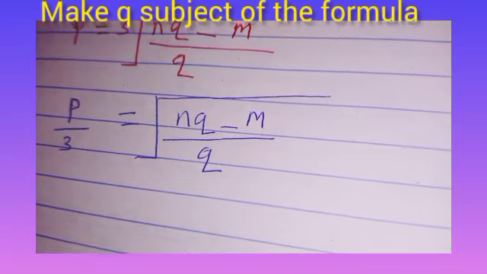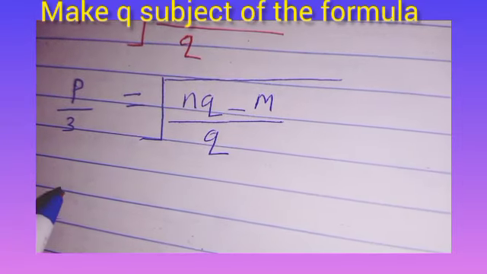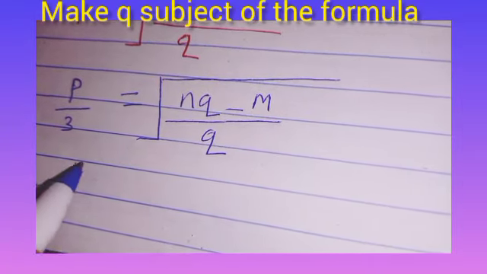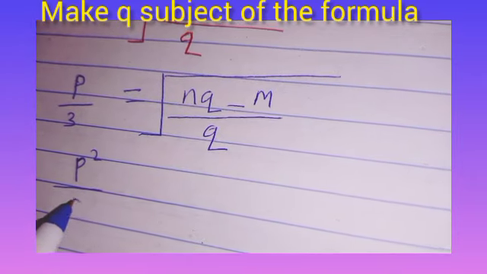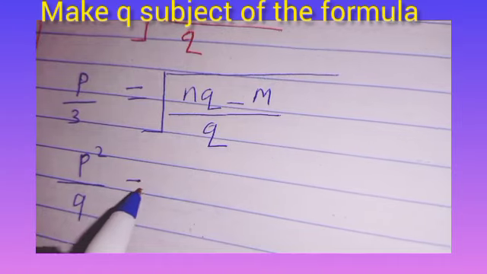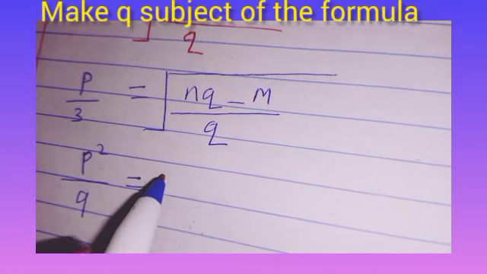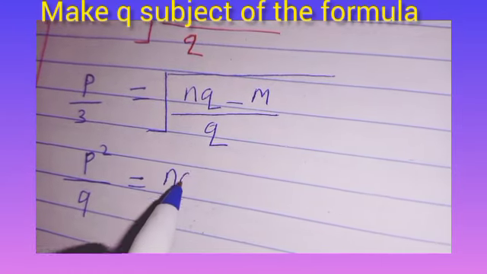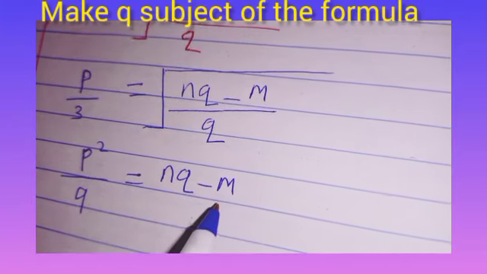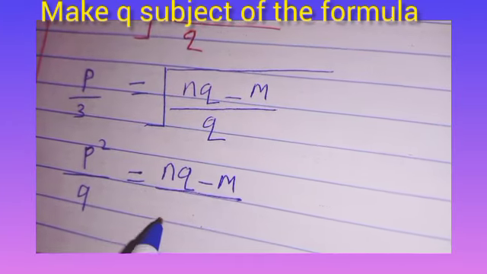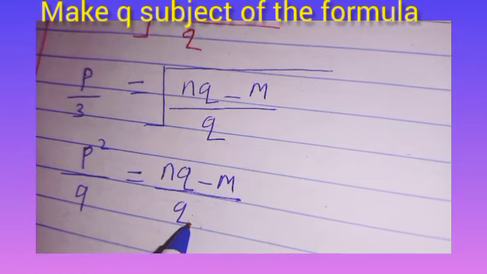From there now, we square both sides. P squared will give you P squared. When you square 3, you will get 9. When you square and you take the square root, you will be left with that quantity which is being squared and whereby you are taking the square root. In our case, it is that.